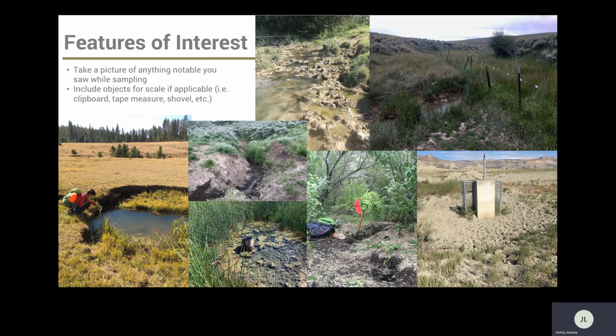It is helpful to include an object for scale, such as a clipboard, a tape measure, a shovel, or a person. And all these photographs will be uploaded into the iPad. The iPad also contains a list of other required photographs, such as a soil pit or hydrologic features that we will discuss in other presentations.